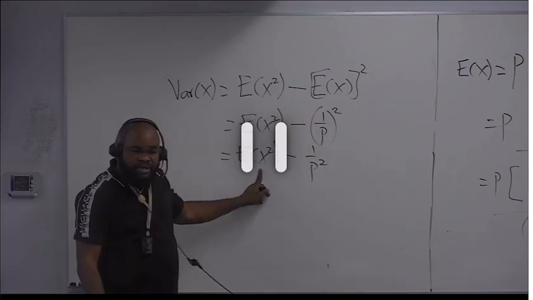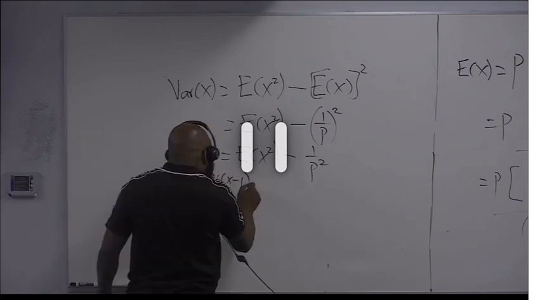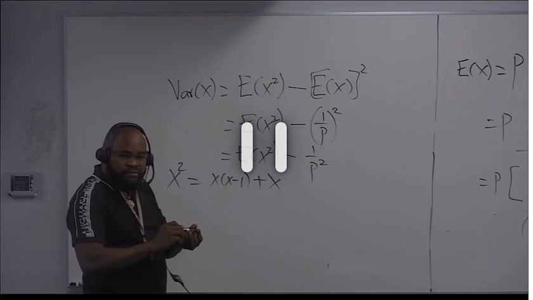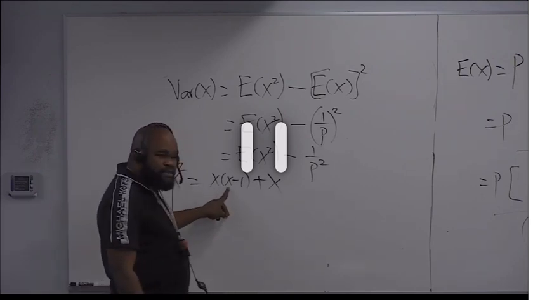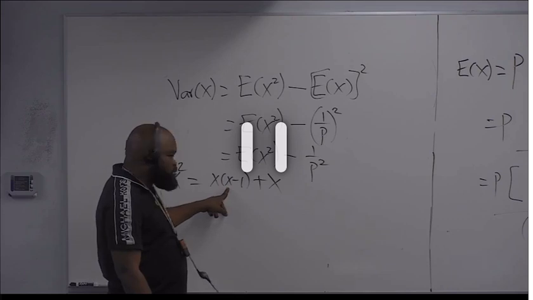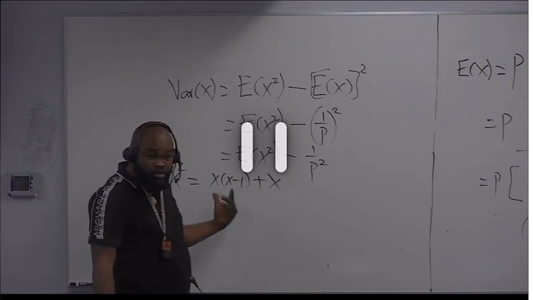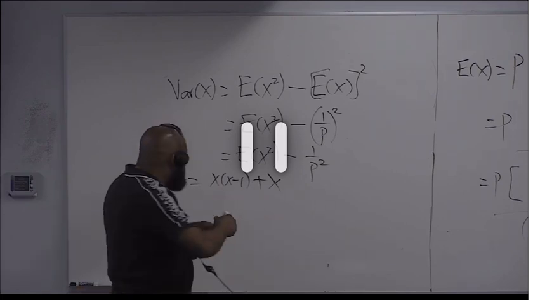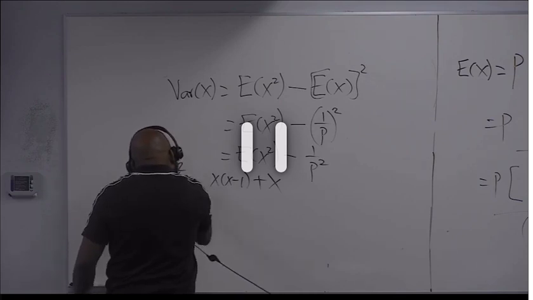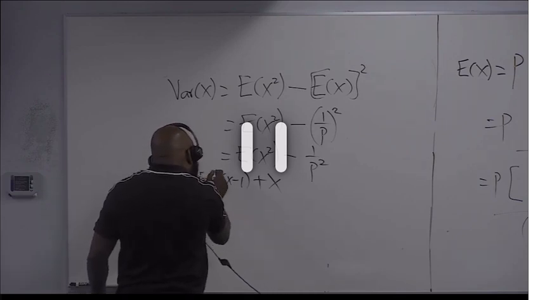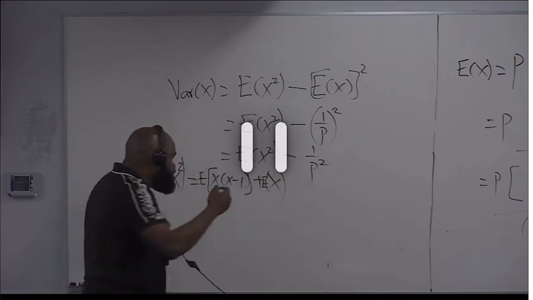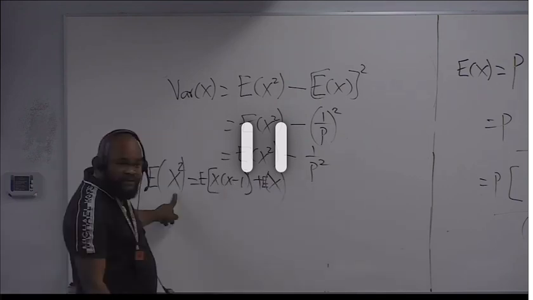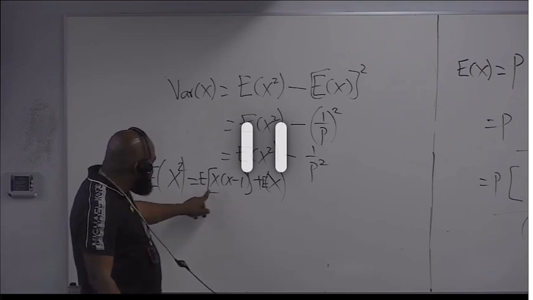Now, S squared is the same thing as this. Do you know that? S squared is the same thing as S times (S minus 1) plus S. That will be everything is S squared. So if I put expectation here, and then put expectation here, to find the expected value of S squared I need to find the expectation of this plus that.